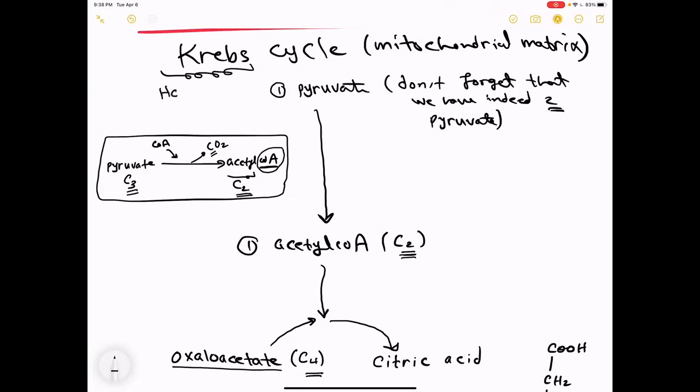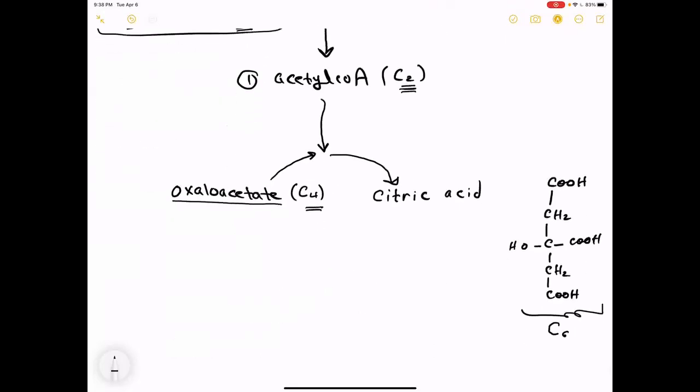His name is Hans Krebs. But the same cycle is also called the citric acid cycle. Why? Because the first intermediate formed in the cycle is citric acid, hence the name, the citric acid cycle.